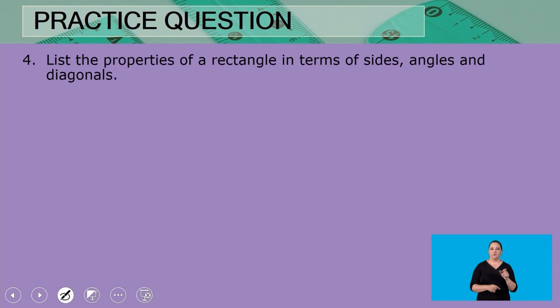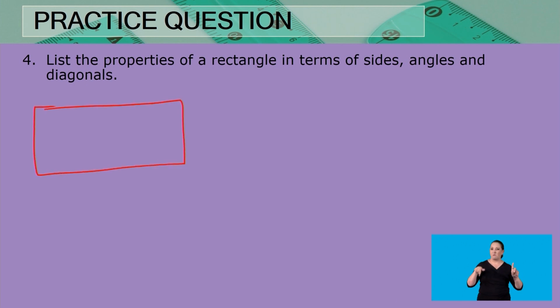What about the properties of a rectangle? So when asked for the properties of a rectangle, remember a rectangle is a special parallelogram, which means that all of the properties of a parallelogram apply to a rectangle as well. What does this mean? It means that the opposite sides are parallel.